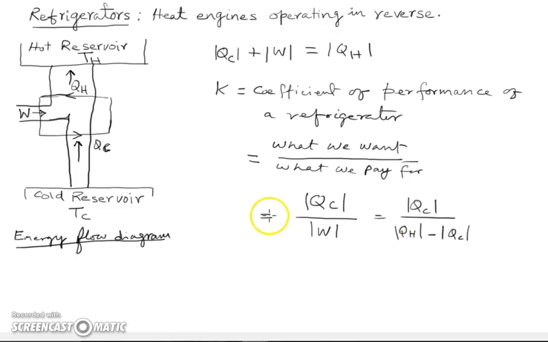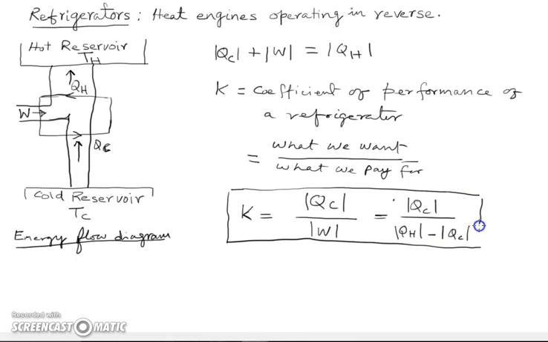Right, so this is an expression for K, the coefficient of performance. So this is the formula. We can make a box around the whole formula. All right, so that is an important formula you need to understand.